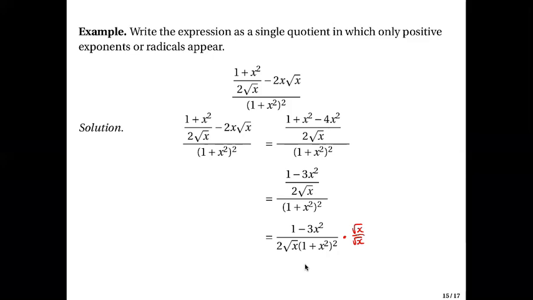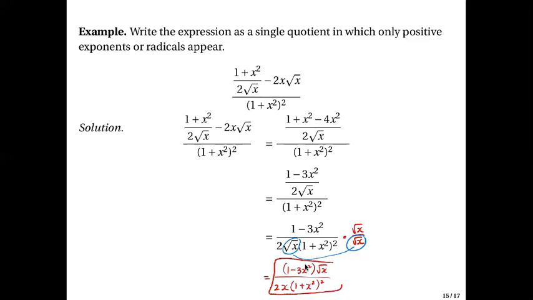So this guy here, when multiplied to the square root of x on the denominator here, okay, we will have 1 minus 3x squared times square root of x all over 2x times 1 plus x squared squared.